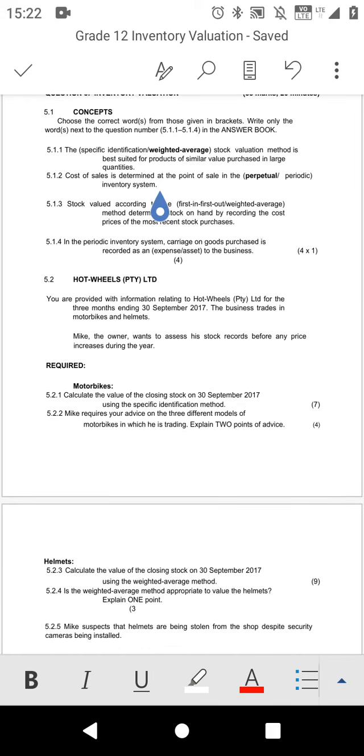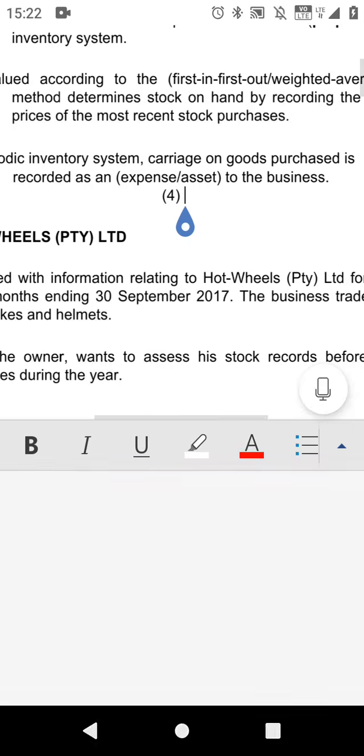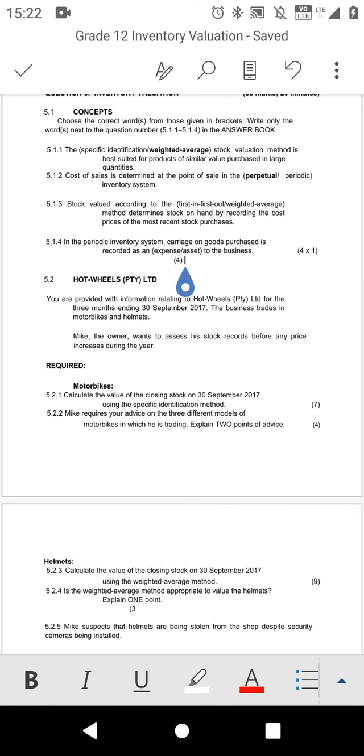5.1.3, stock valued according to the first in first out or weighted average method to determine the stock on hand by recording the cost price of the most recent stock purchase.